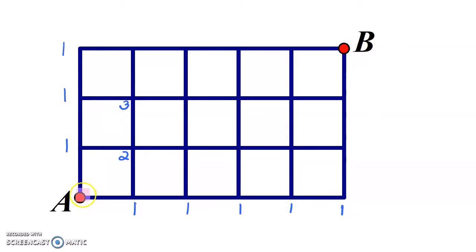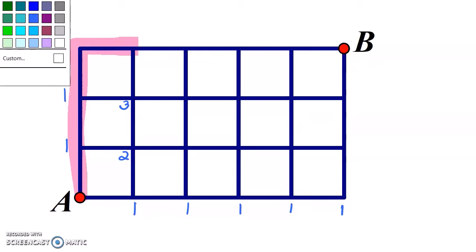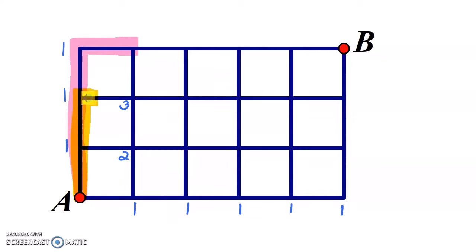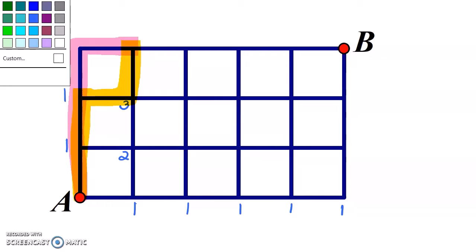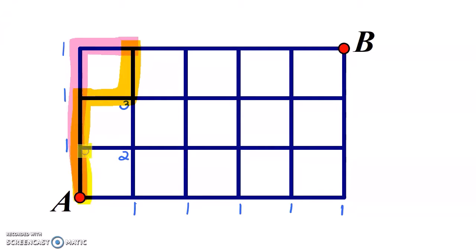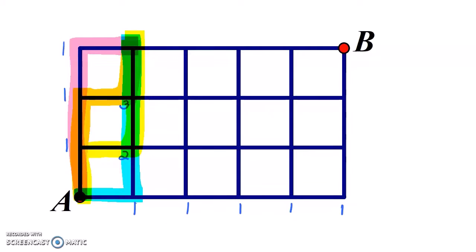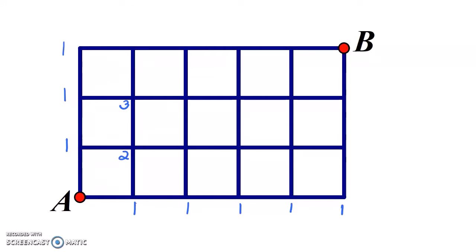And if we wanted to get to that point, there's one path, 2, 3, or 4 different ways to get to that point. 3 plus 1 is 4.